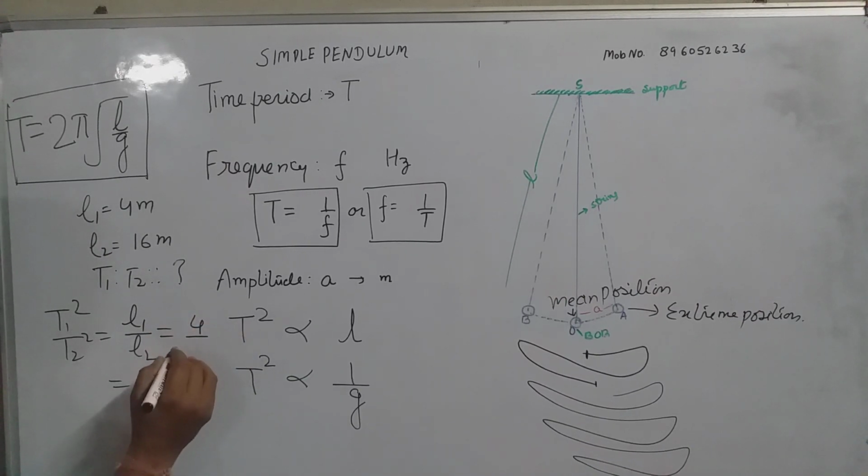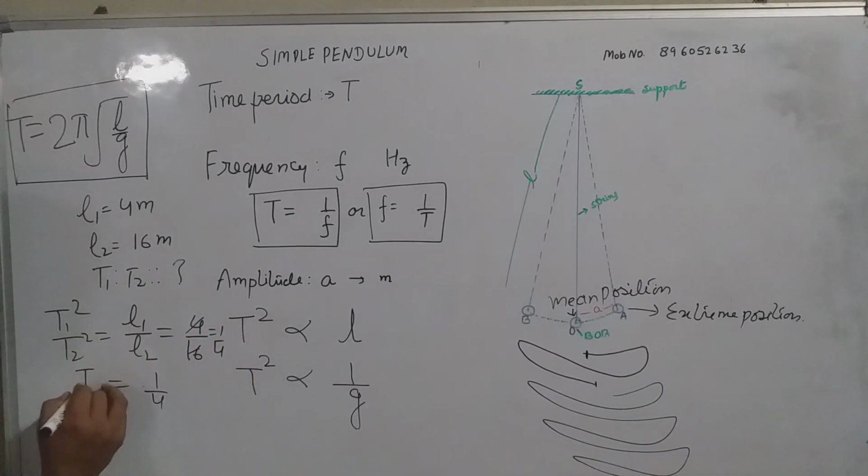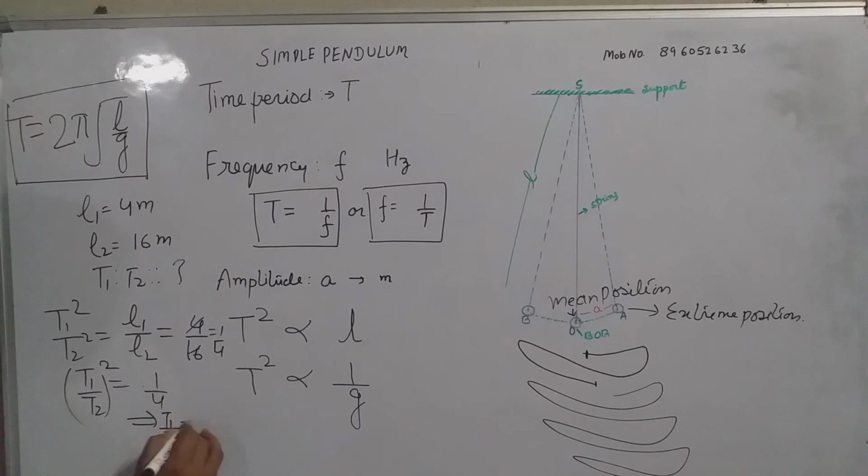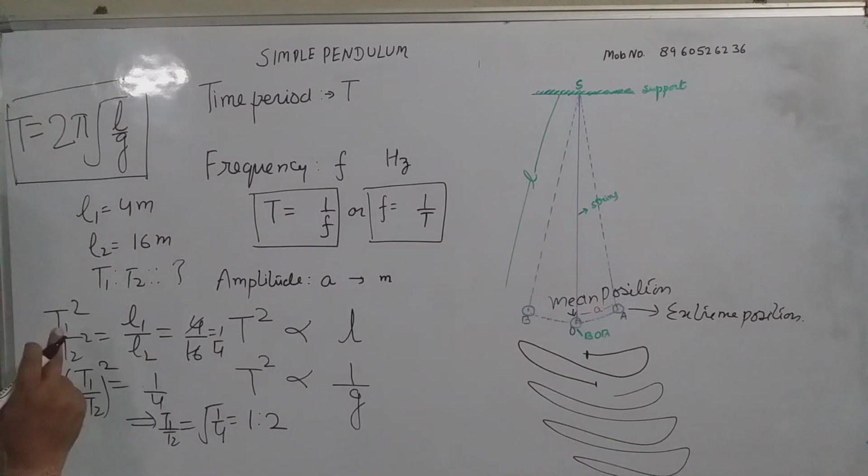L1 is 4 and L2 is 16, which will come out to be 1 by 4. So 1 by 4 is (T1 upon T2) whole square. This implies that T1 upon T2 equals under root 1 by 4, which will come out to be 1:2. That means the ratio of the two time periods T1:T2 will be 1:2.